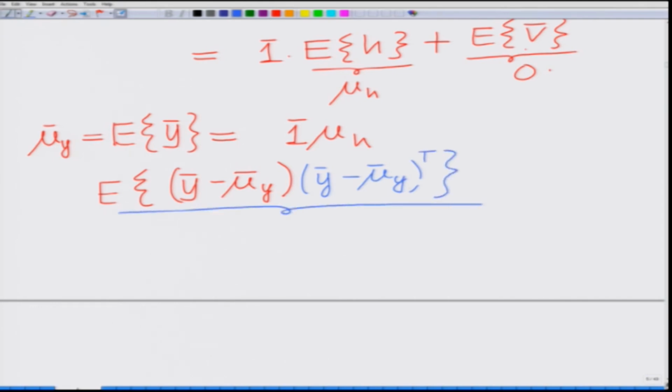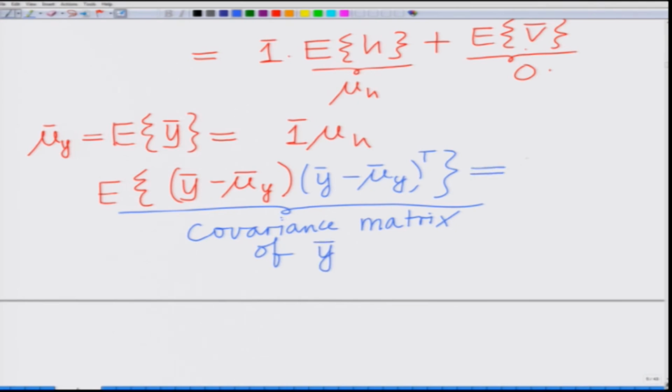What is this? This is the covariance matrix of the observation vector y bar.